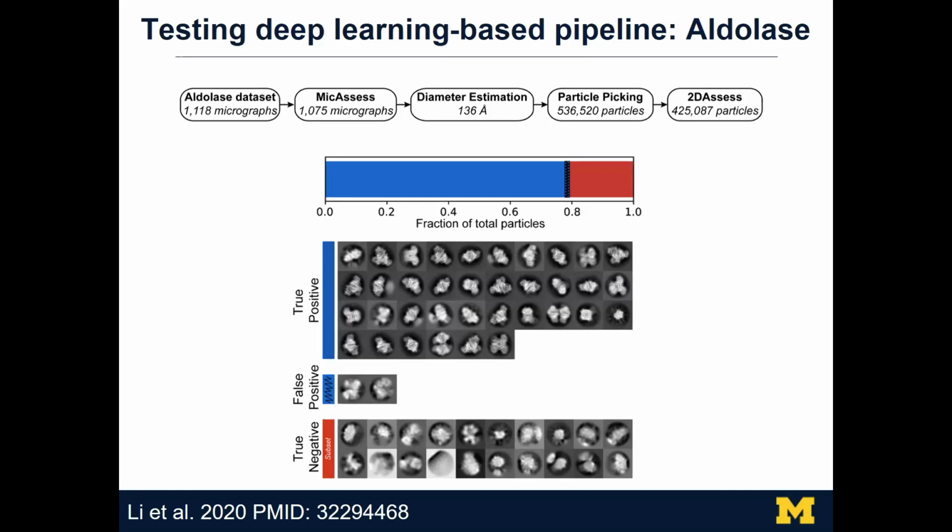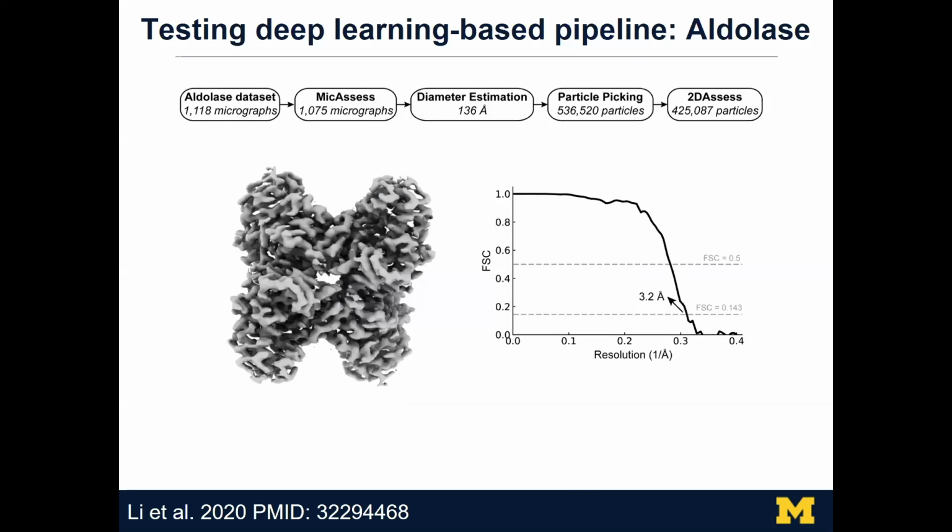But these 2 only contribute to a very small fraction of the total particles. We combine the true positives and false positives together and feed them into 3D analysis, using just whatever is output by the pipeline, and we can reconstruct a 3.2 angstrom resolution structure.